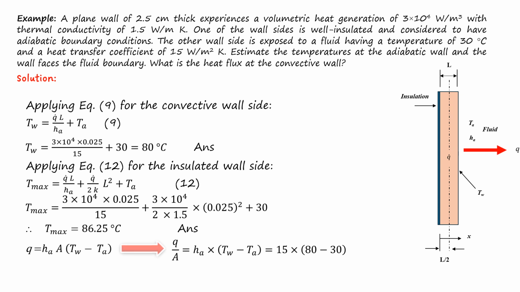If we substitute the values for H sub A 15 watt per meter square Kelvin times (T sub W minus TA), then T sub W has been already calculated as 80 degrees Celsius. Then Q divided by A, which represents the heat flux, is equal to 750 watt per meter square.